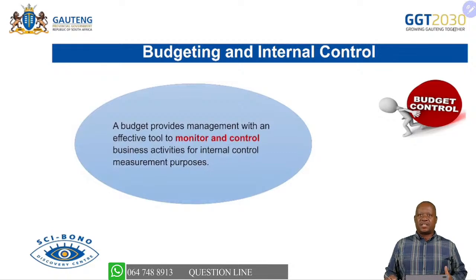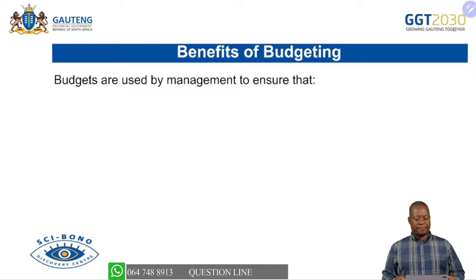Without a budget, you are just going into the future not knowing what to expect. But the budget gives management a tool that helps them to monitor the future. They can be in a position to know what to expect in future and deal with it accordingly.